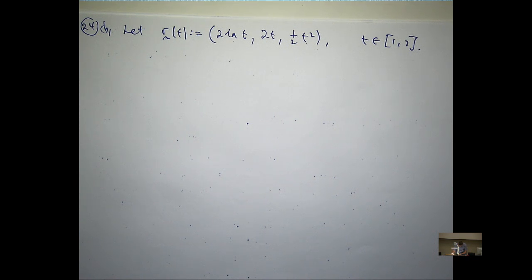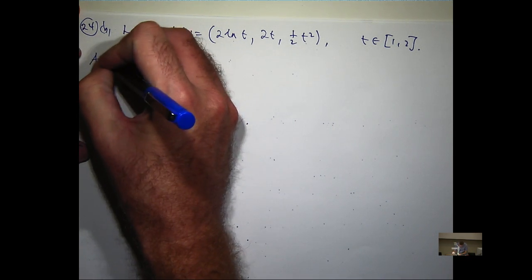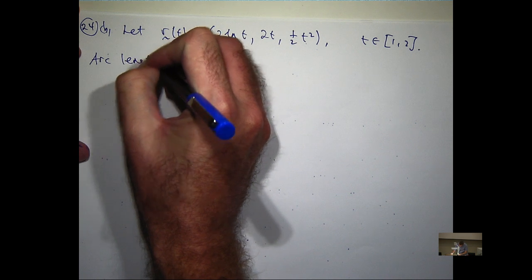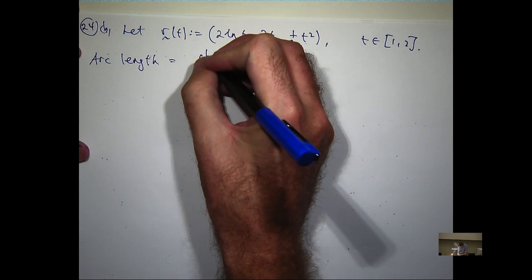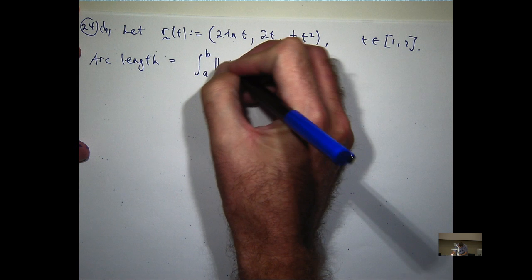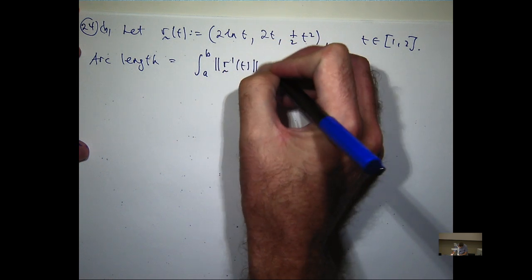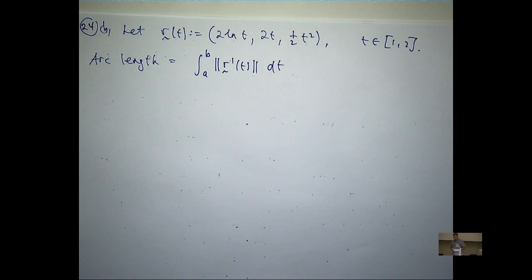Okay, so we know that the arc length is given by the following, in the vector format. So here our A would be 1, our B would be 2, and our vector function's written up the top.